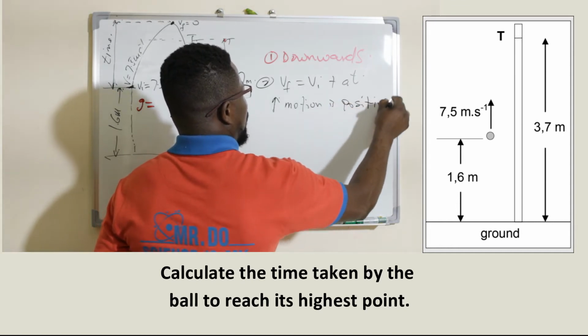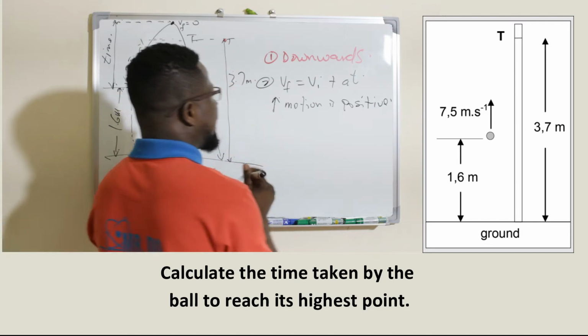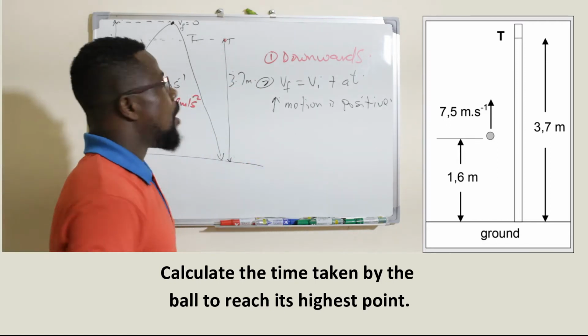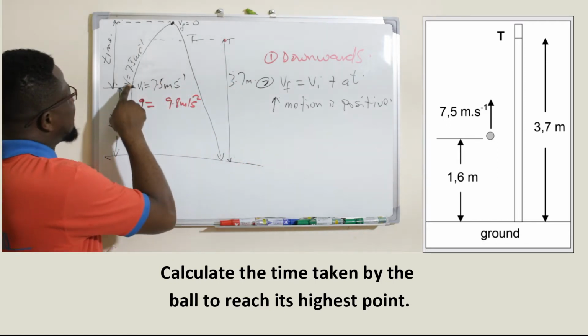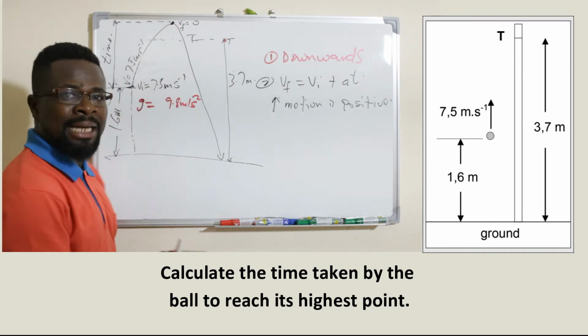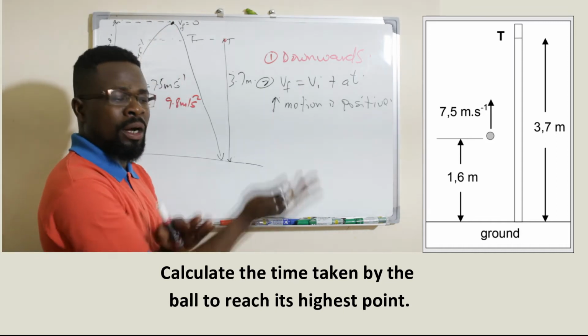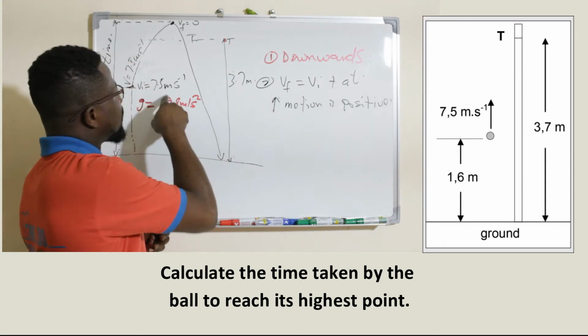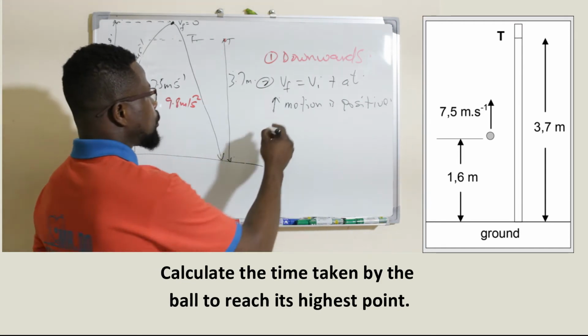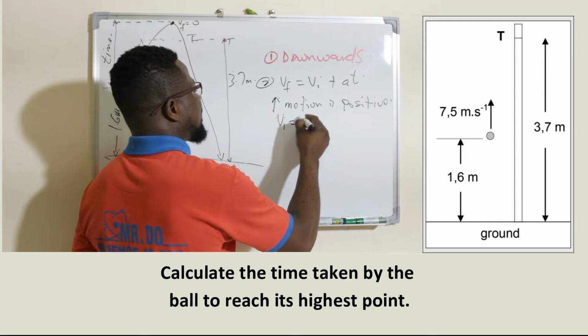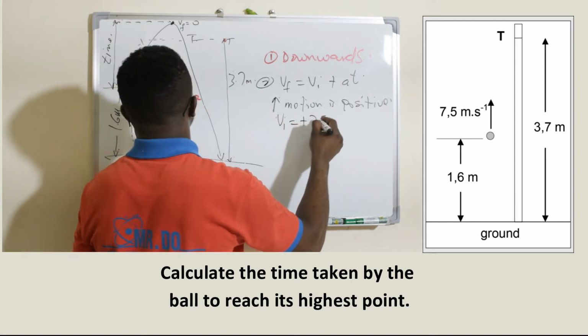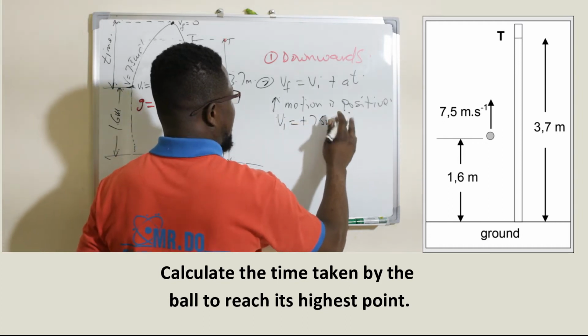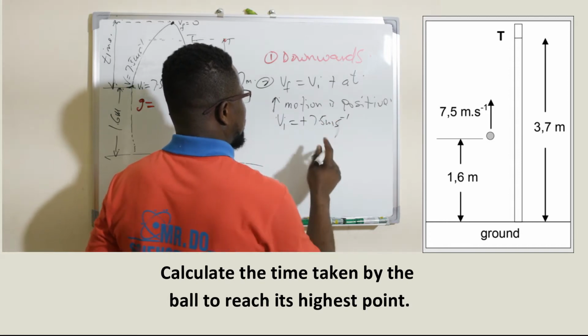All the quantities going up are positive. The initial velocity was going up because I throw it upwards, so my Vi is positive 7.5 meters per second.